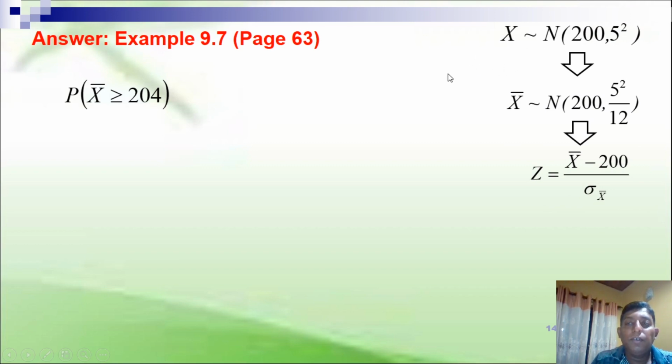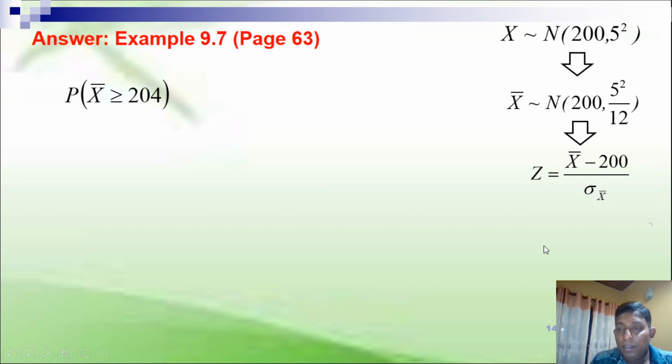Now, to get the probability values, we first need to convert x bar values into standard normal. Here x indicates the amount of drink dispensed by the vending machine, and x bar indicates the mean value of this amount. X follows normal, and under the given condition x bar also follows normal with mean 200 and this variance. Then use the transformation: x bar minus mu over the standard error, or standard deviation of x bar.